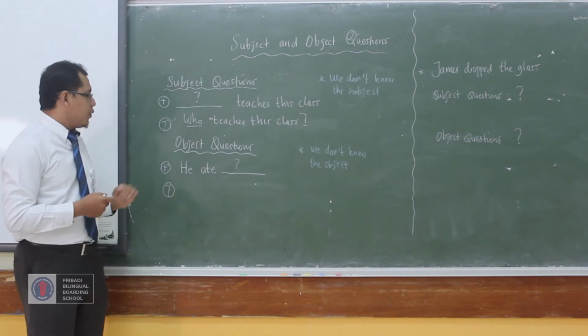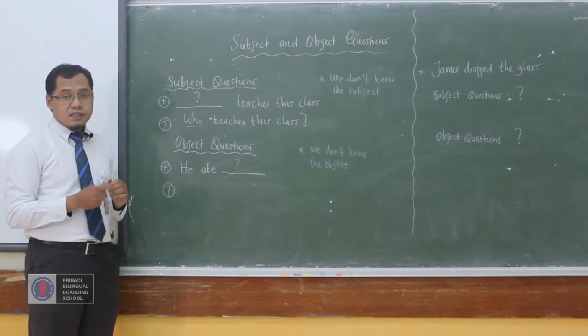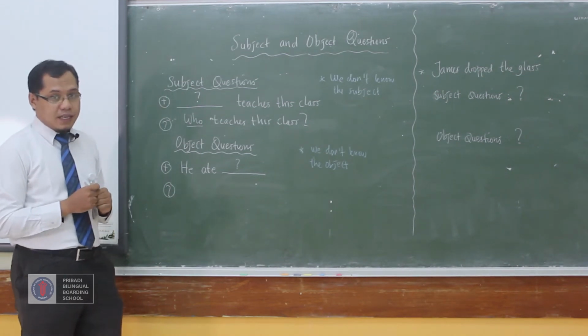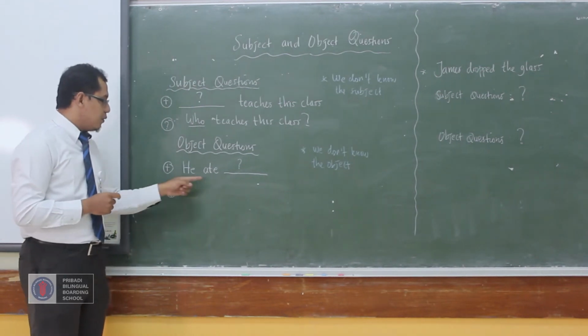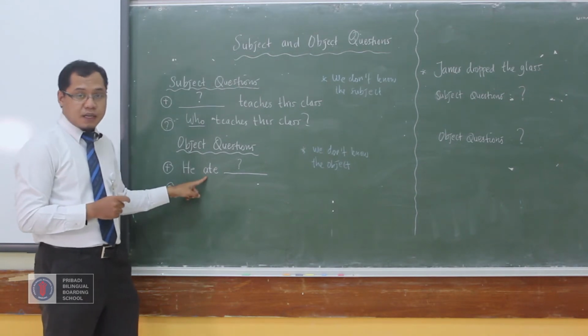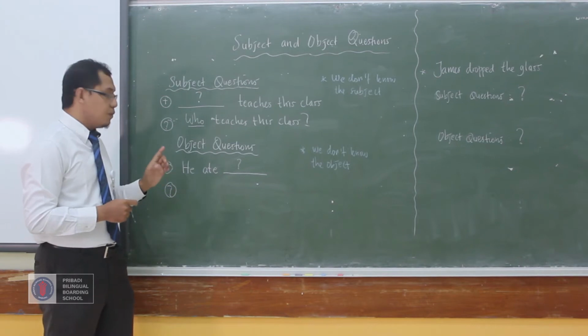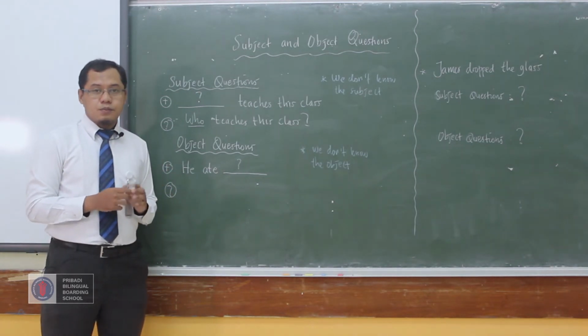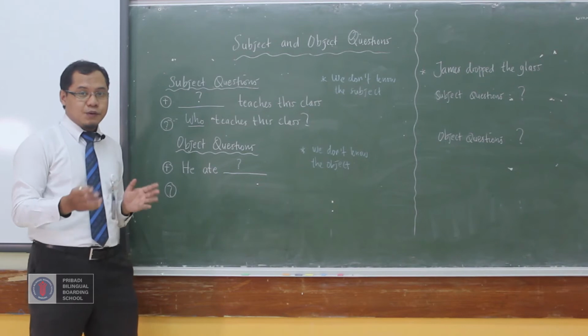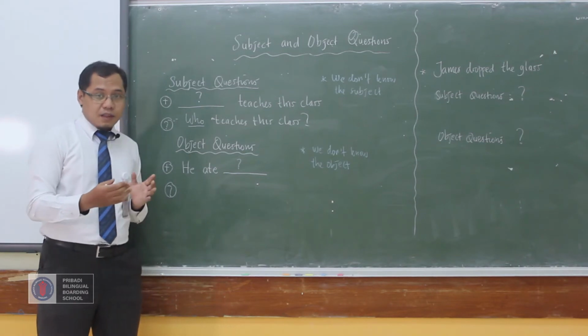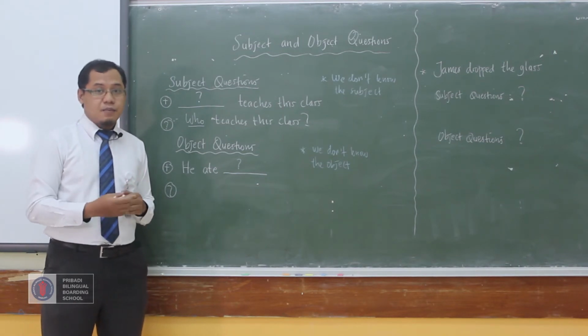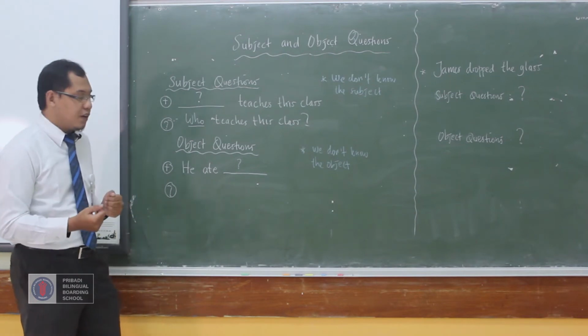The object question is a little bit more complicated because, as you can see here, we have a verb and the verb is in a past form. So we need to put an auxiliary there. If you forgot about the auxiliary, you can check the previous lessons. We have talked about it before.